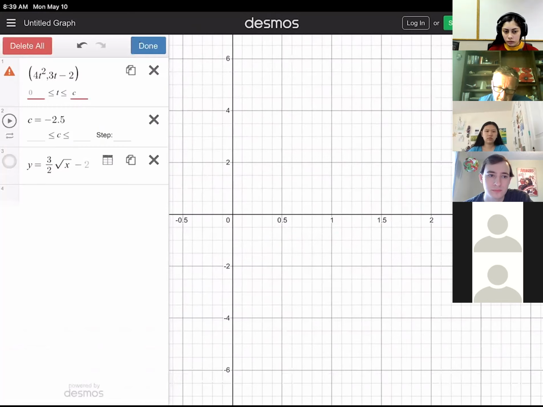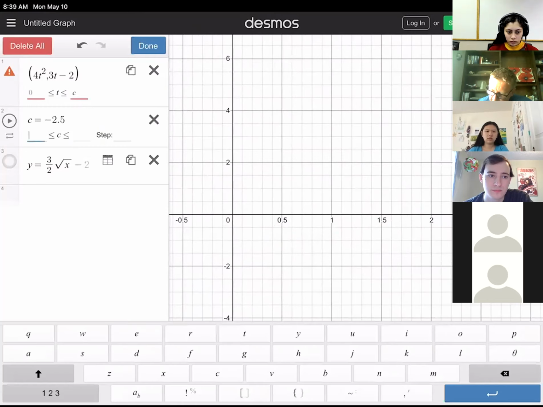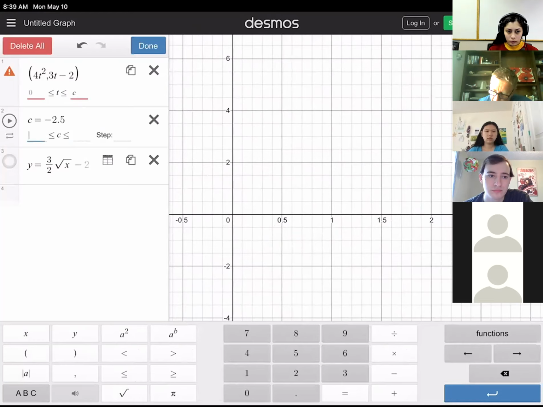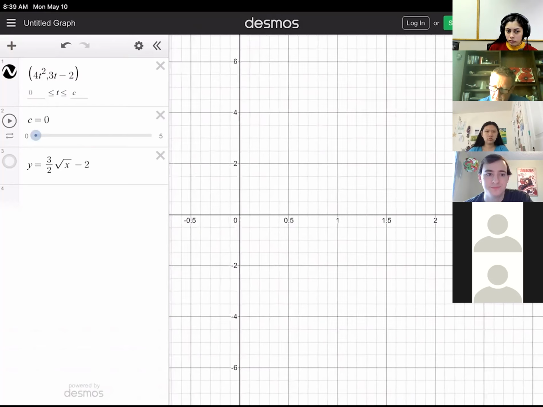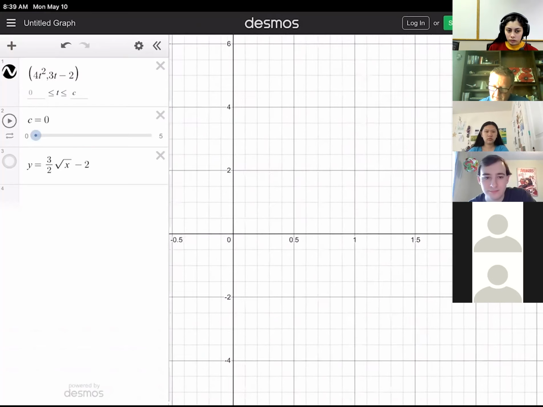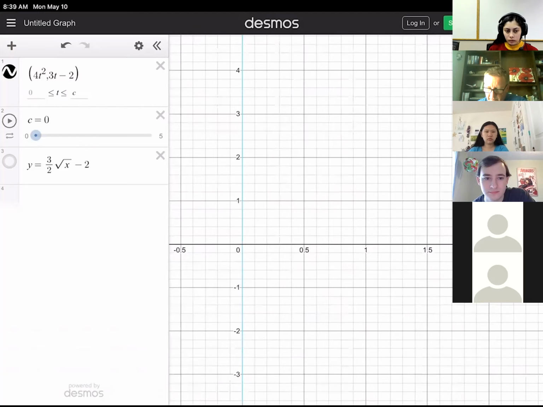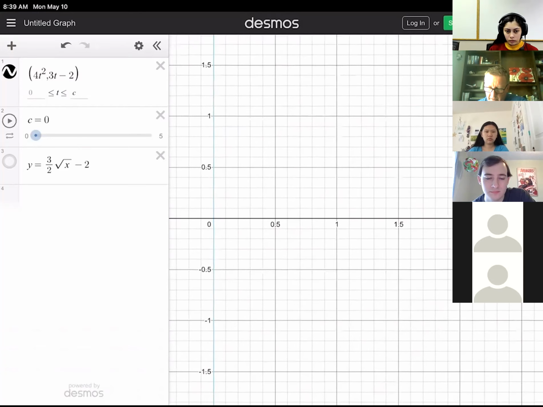And maybe I'll further limit c to go from 0 up to 5 seconds, if we're going to call these seconds. So now it starts at 0. So notice the graph doesn't exist yet, if you will. And I'm going to stretch this out a little bit so it shows a little bit nicer.